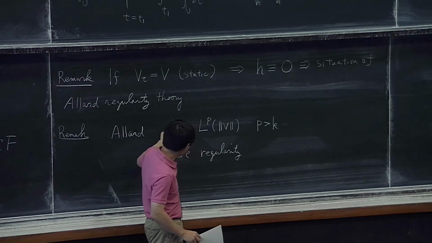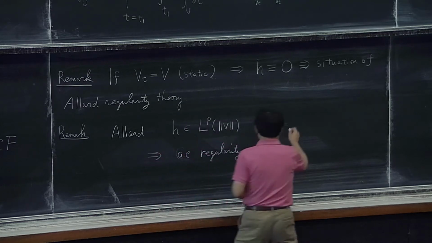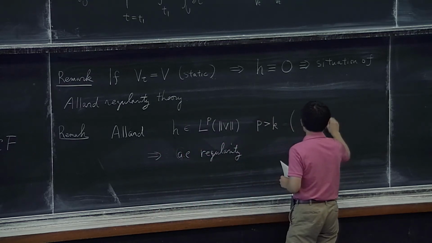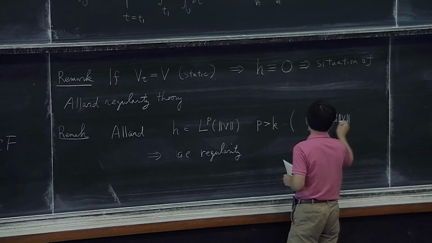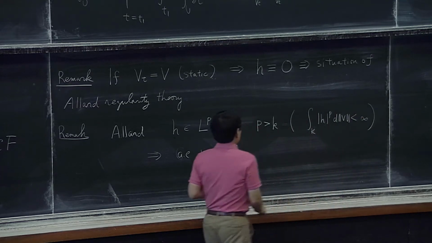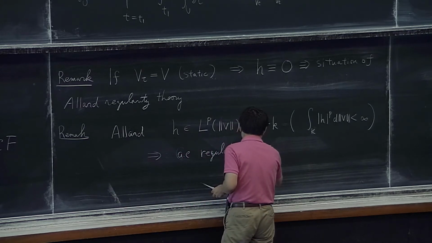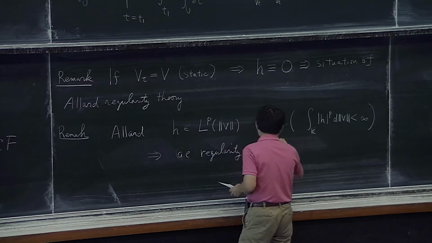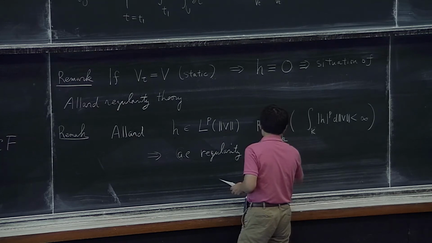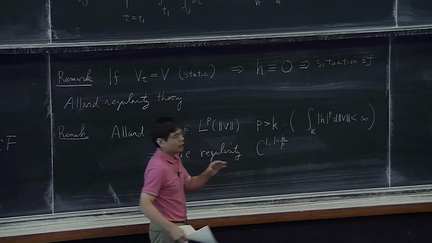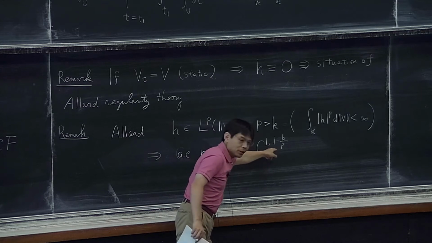But if you have only h being in L^p with respect to the mass measure, that means the integral of |h|^p dV is, locally at least, finite. Then you can show that outside of a singular set, the surface is actually C^{1, 1 minus k over p} Hölder class.